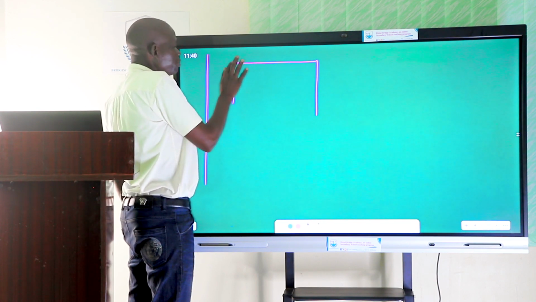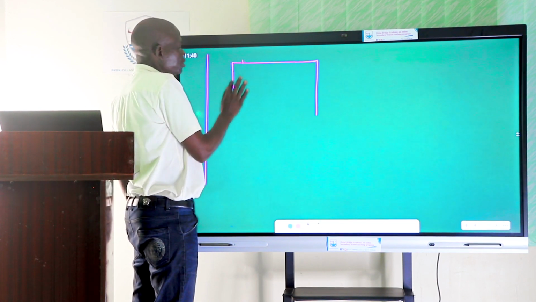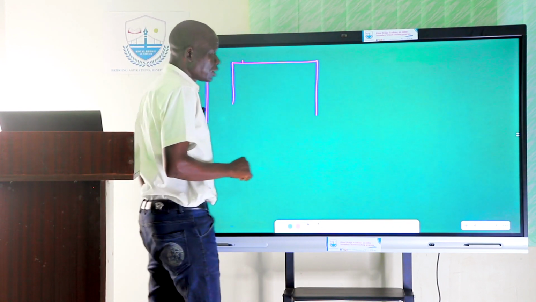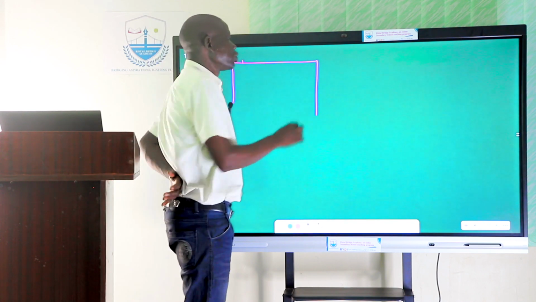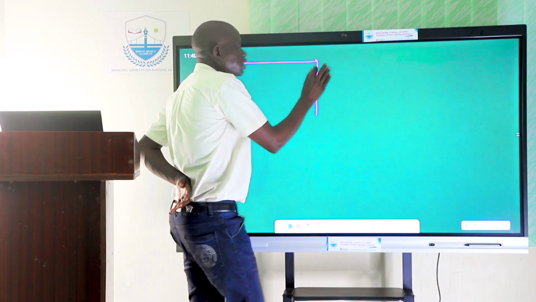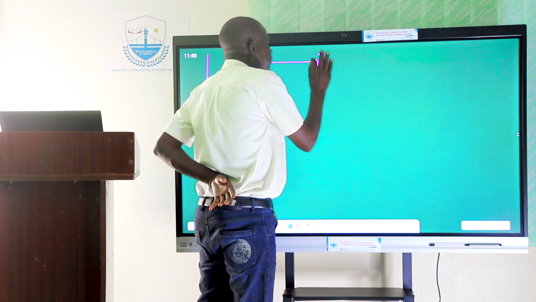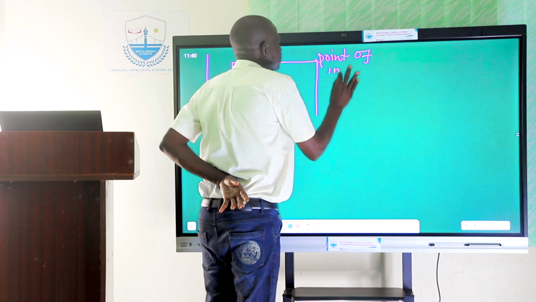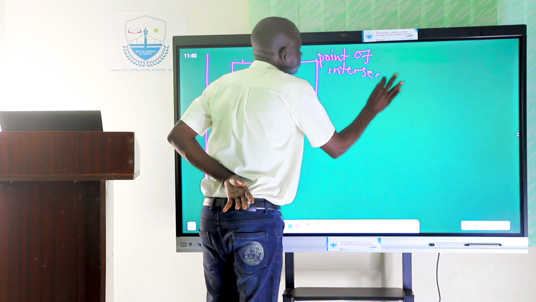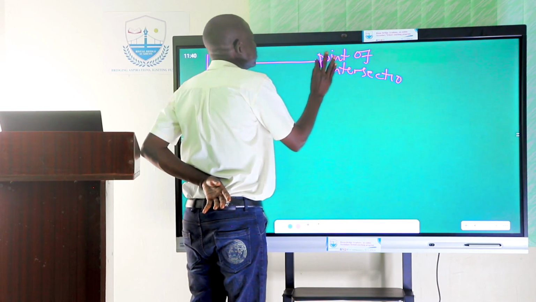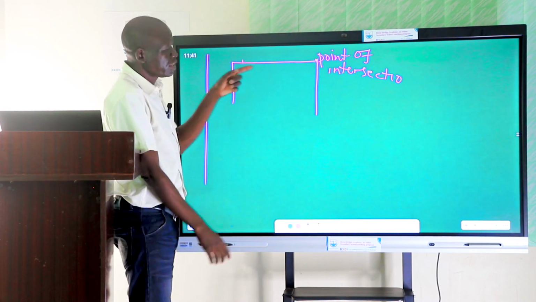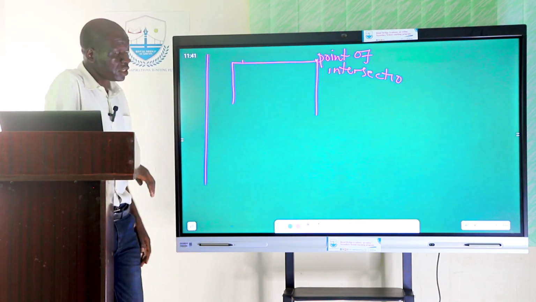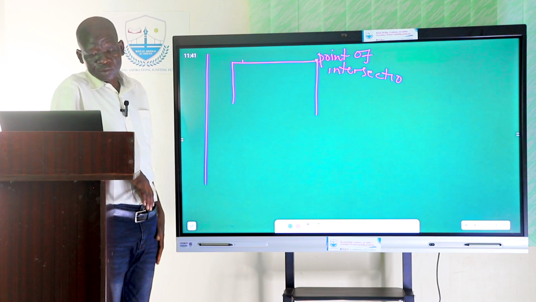So it means they meet at this point. So they intersect. This one here also meets at this point. So this point is what we call the point of intersection, where this edge meets this edge. So those are called the intersecting lines.